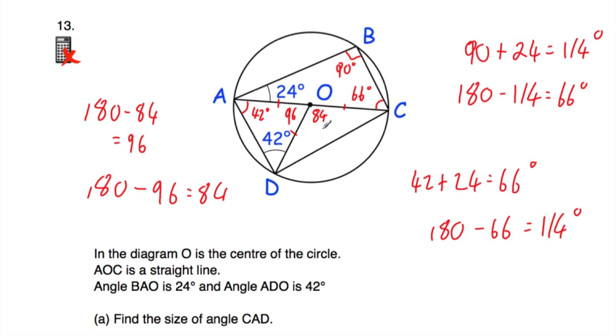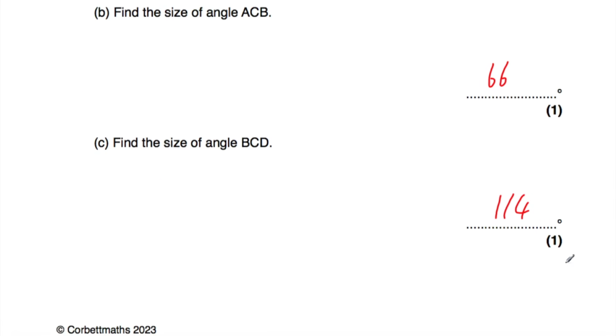If we take that away from 180, that is equal to 96. And then if we halve it, 96 divided by 2 is equal to 48. So this angle is 48 and this angle over here is 48. Then if we add our 66 and 48, that's equal to 114. So that's this angle. Angle BCD is 114 degrees, and you can approach that in either way.